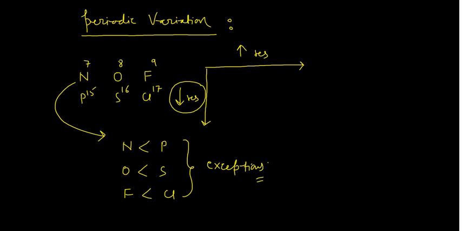See, this nitrogen is very small, and so are oxygen and fluorine. They are very small because they are the first member of their group, and when they are very small, their electrons concentrate in a particular small region in all the cases.